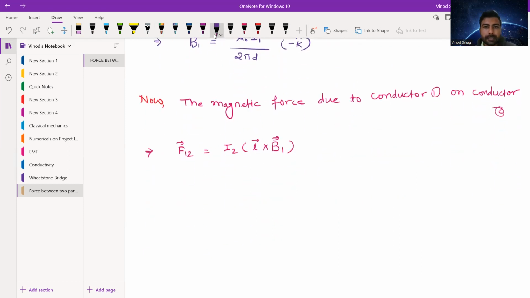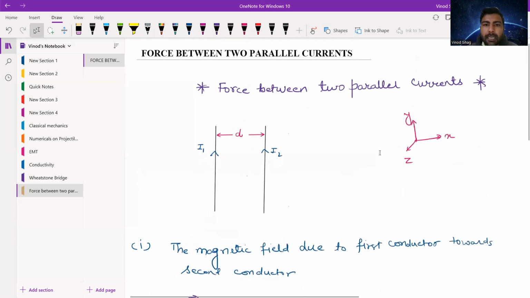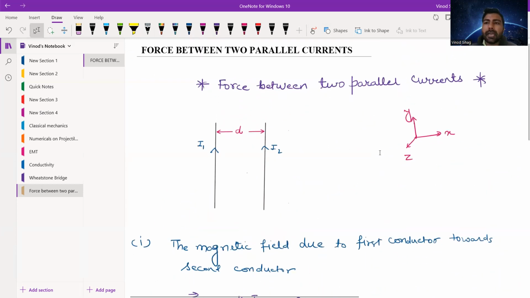Here we are assuming that the length of the conductor is L. If the length of the conductor is L, then the L vector, the length vector, will be in the same direction as the current is flowing.